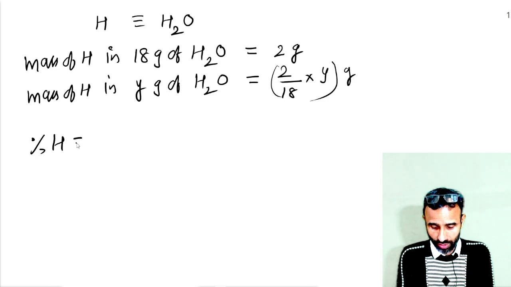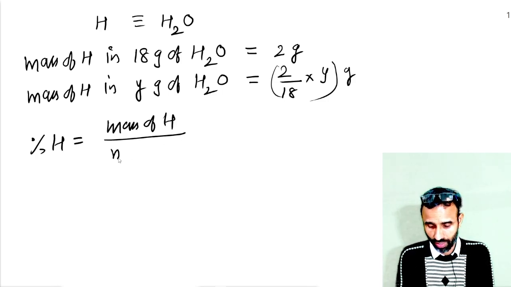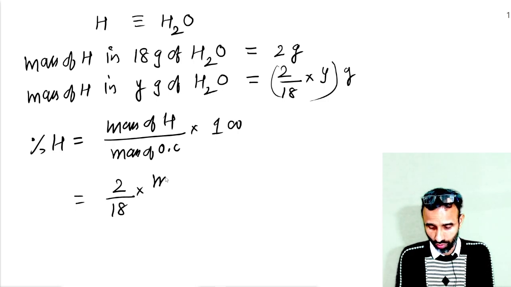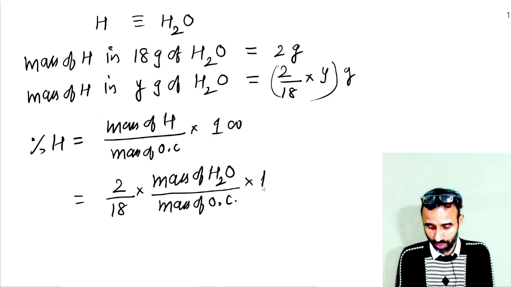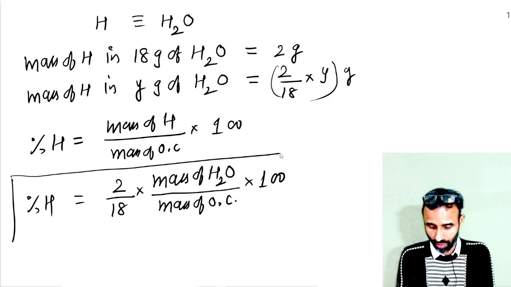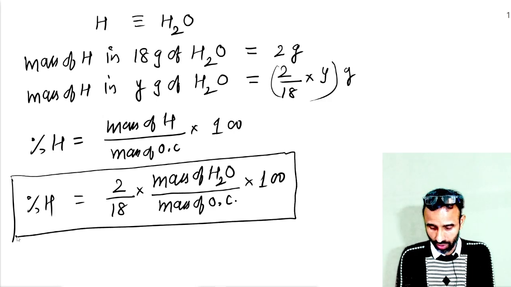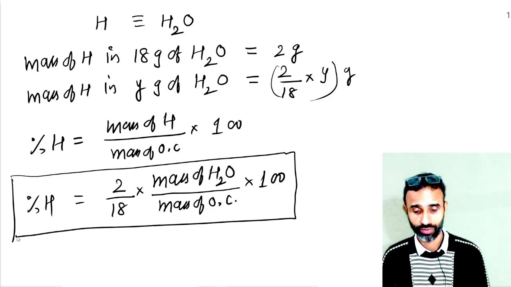So the percentage of hydrogen is again the same: mass of hydrogen divided by mass of organic compound into 100. So it is 2 by 18 into mass of H2O divided by mass of organic compound into 100. So in this way we can calculate the percentage of hydrogen, right?